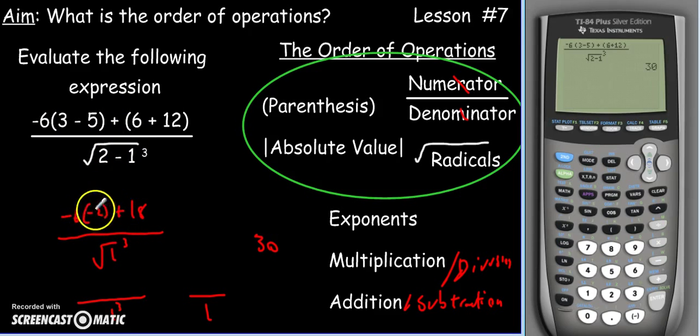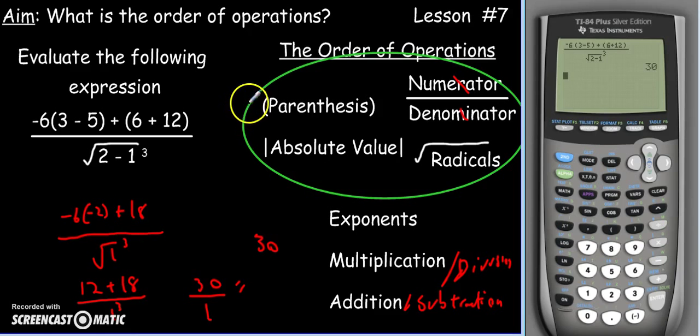Now we're going to do the rest of the numerator. Negative 6 times negative 2 is 12. 12 plus 18 is 30, so this is 30 over 1, which is equal to 30. So if you follow the order of operations appropriately, you will get the expression you're supposed to get. If you don't follow it appropriately, you will get something else.